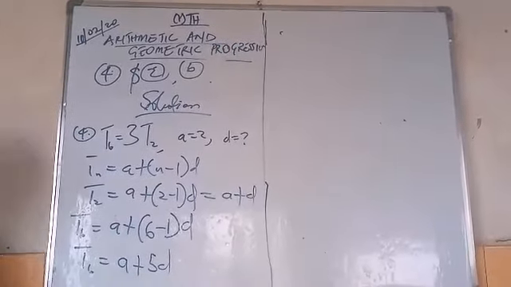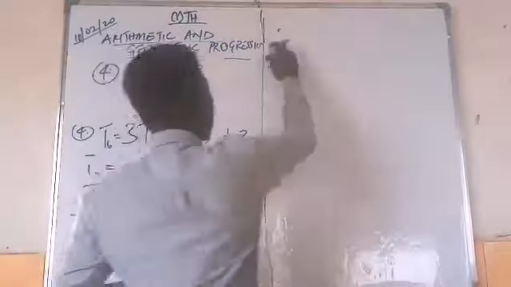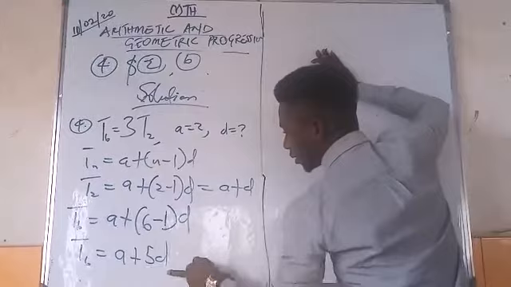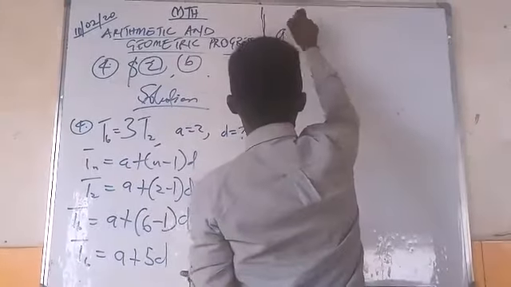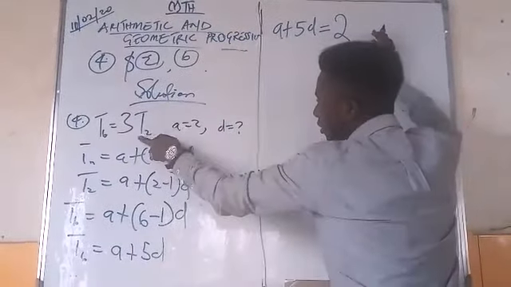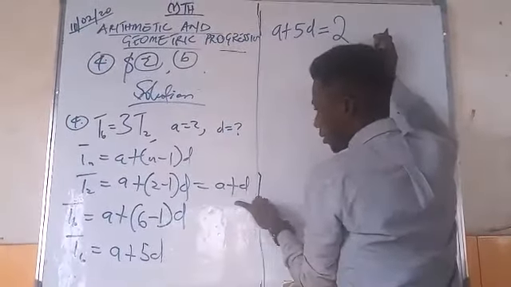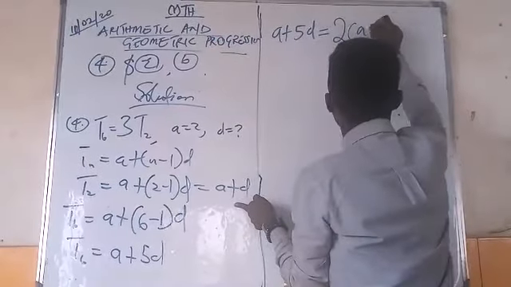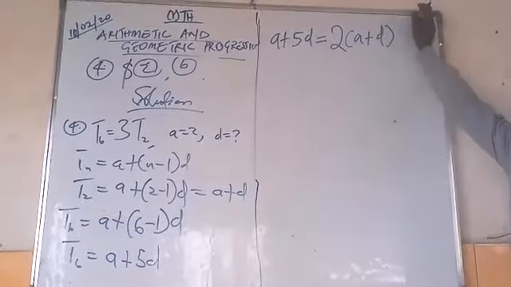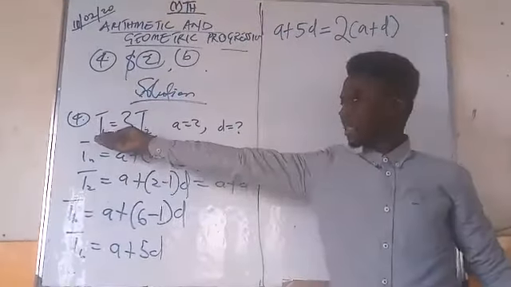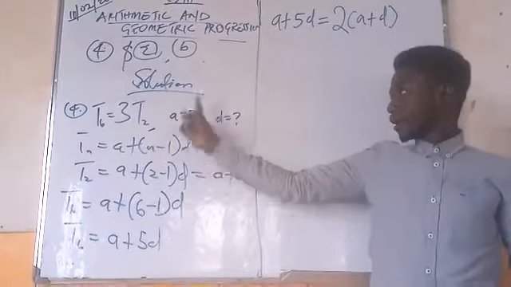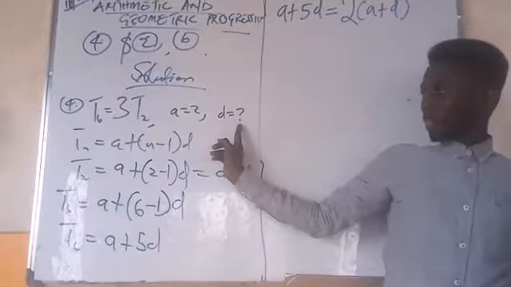Very good. So the next thing now is to equate that. Since they said that this is equal to this, what is this, class? A plus 5D is the same thing as when you say 2 times A plus D. Listen again. The question says the sixth term of an AP is 3 times the second term.